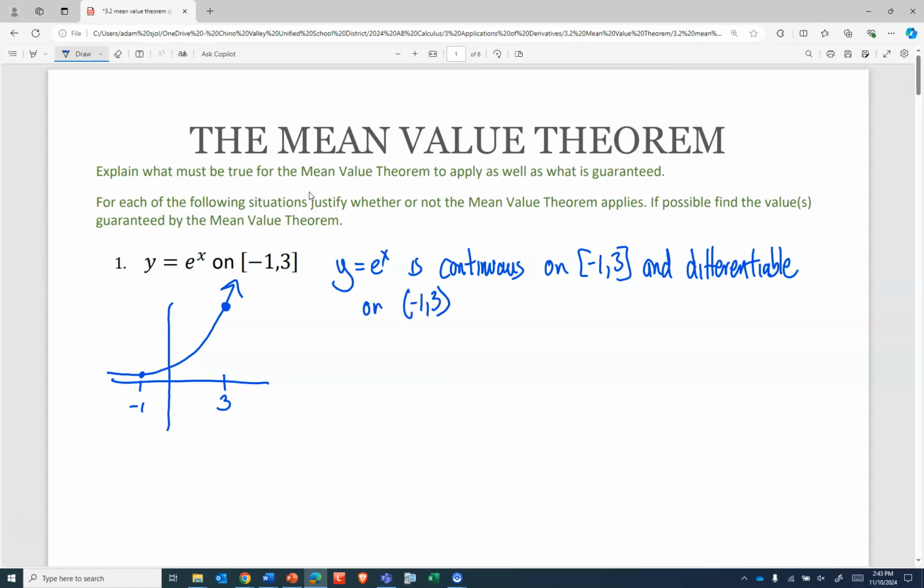Now we could say e to the x is continuous and differentiable everywhere, but because that's not the case for all functions, I think it's best to practice that, hey, continuous on the closed interval, differentiable on the open interval, in case it comes up. Okay, so we need to finish off, so the mean value theorem applies.